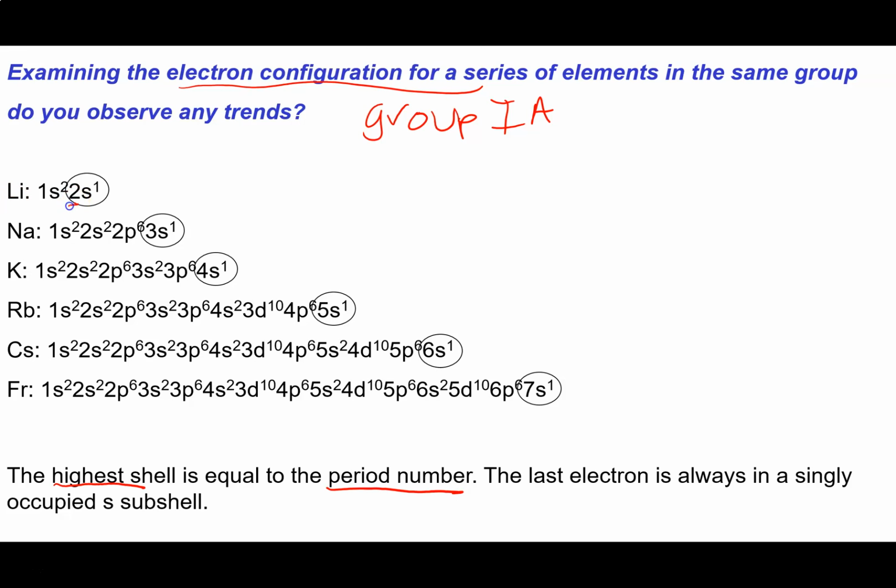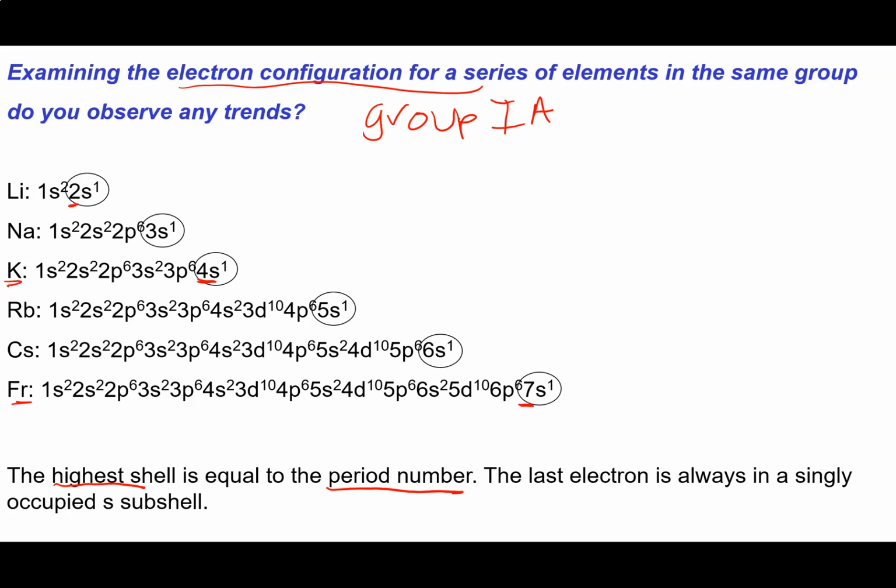Lithium is in period 2, and its highest shell is 2. Potassium is in period 4, and sure enough, its highest shell is 4. Francium is in period 7, and its highest shell is 7.